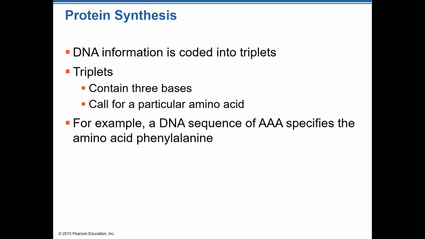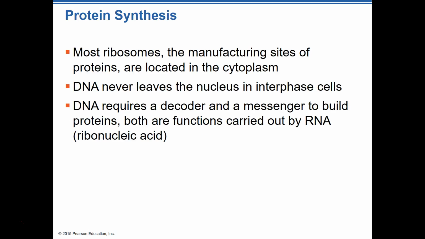Anyway, without getting too crazy about it, basically what happens is DNA never leaves the nucleus, but protein is actually created outside of the nucleus. So there's got to be a way to do this. Well, what happens is DNA unravels, very similar to the way that it does when it's splitting into two cells.